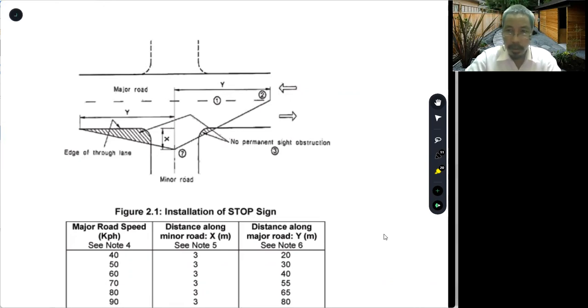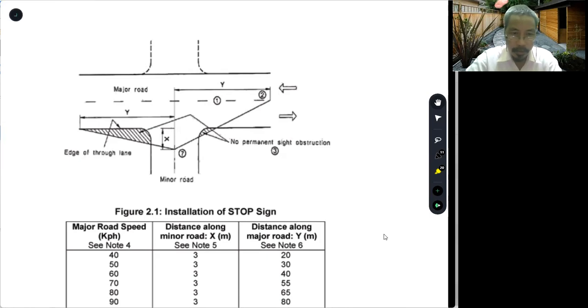Of course, the direction of traffic is given by the arrow direction. So we have no permanent sight obstruction on those areas. Notes 1, 2, 3, 7, the installation of stop sign. Note number 4.